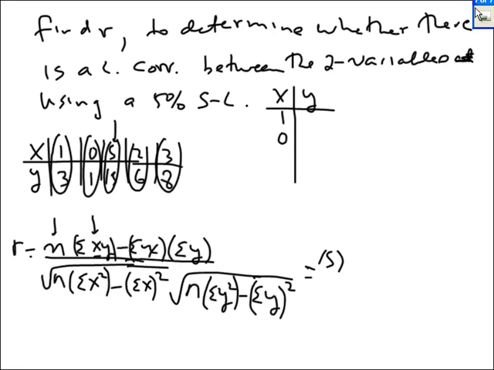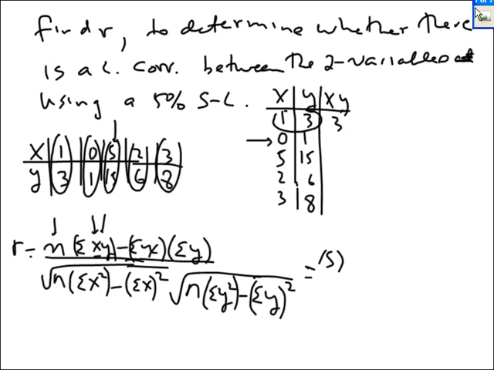The column that has x's, and then the corresponding y values. 3, 1, 15, 6, excuse me, I'll change that, and then 8. Okay. So like I said, now we need x, y, and then once we get x times y, we add them up. 1 times 3, 0 times 1, 5 times 15.